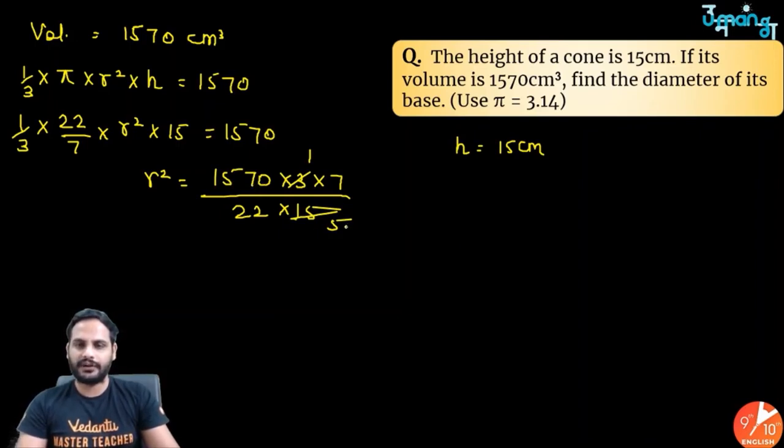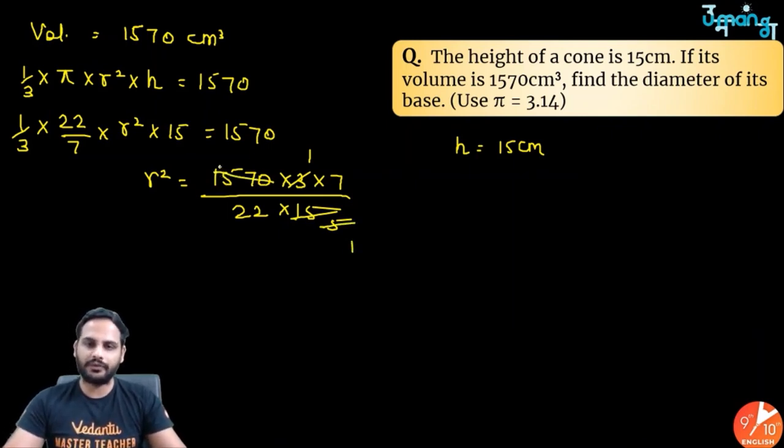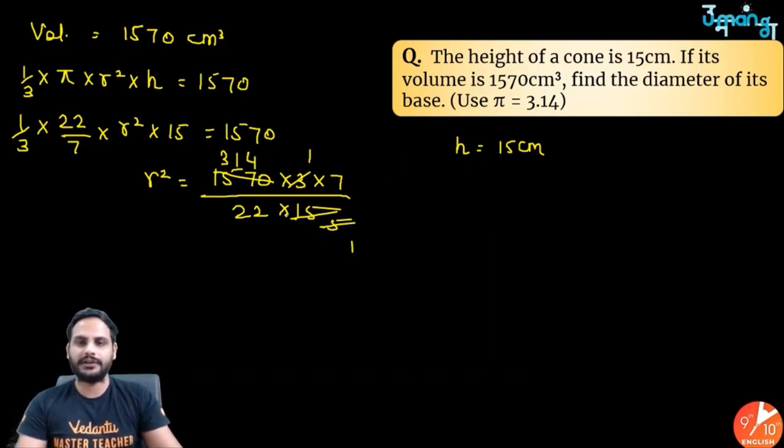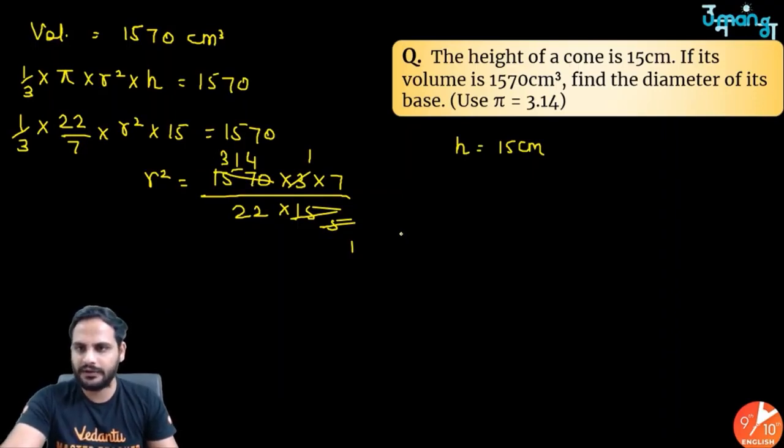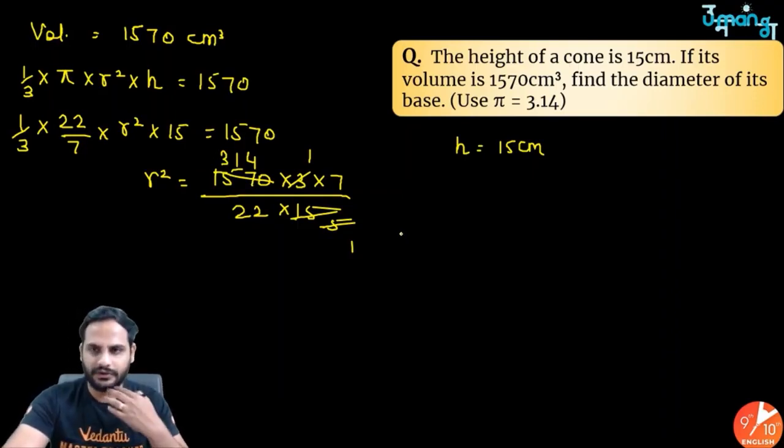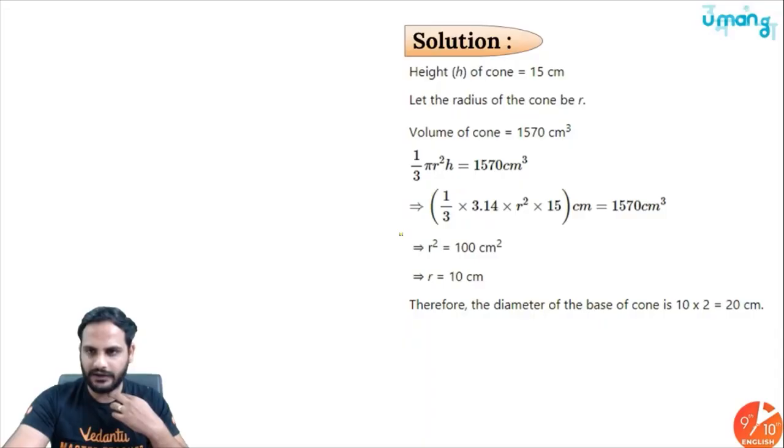No. So let's divide by 5. 5 ones are 5, 5 threes are 15, 5 fours are 20, 314. Are 314 and 22 divisible? No. So are we getting a decimal? Volume is 1570 centimeter cube, height is given as 15. So is the radius coming out in decimals?